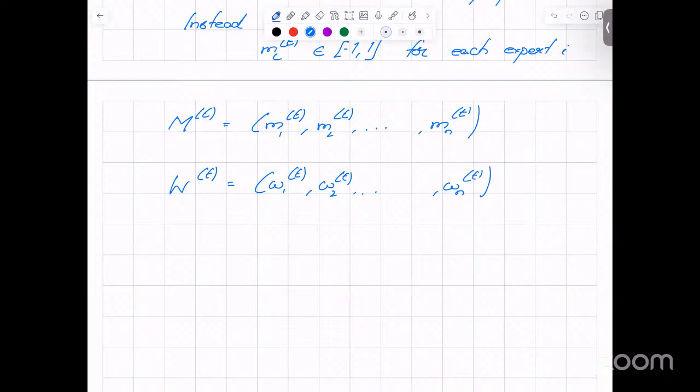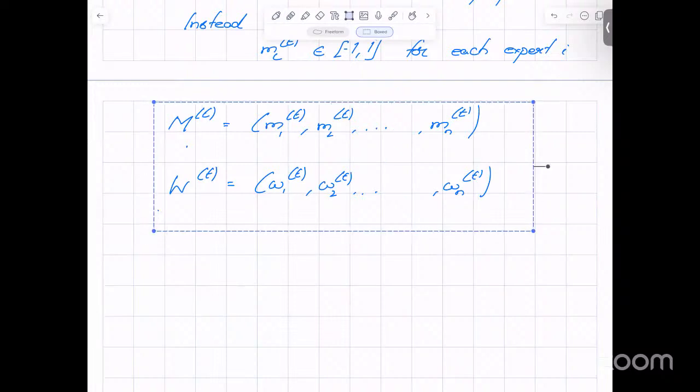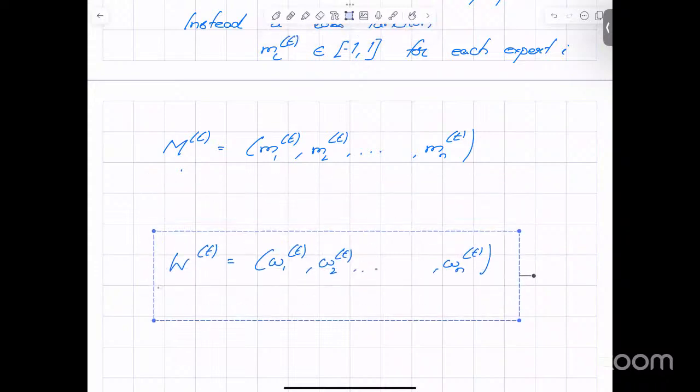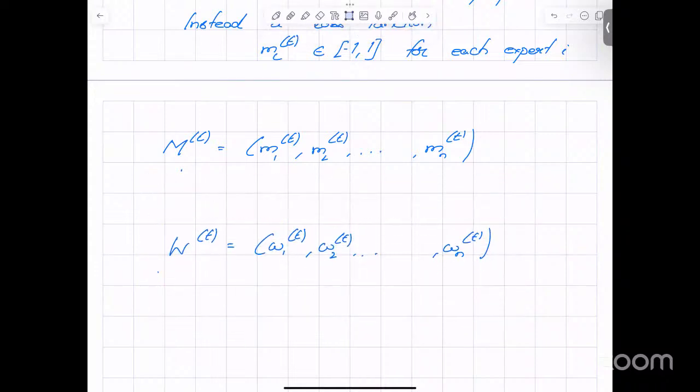These are the weights. This is the weight vector. This is the loss vector.